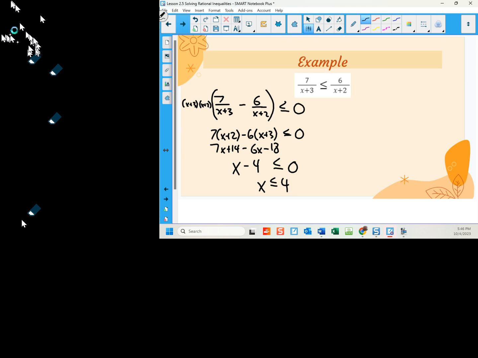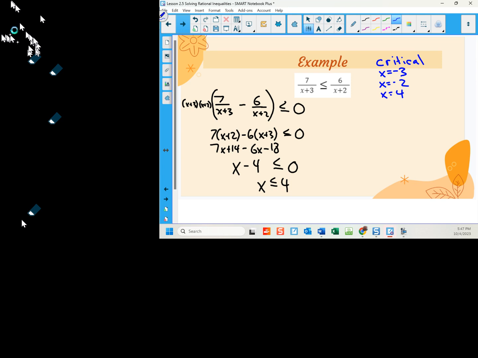Now, back to what we were talking about, critical points. My critical points that I get when we've had denominators being 0, x equaling -3, x equaling -2, and then we get our solution, x equals 4.